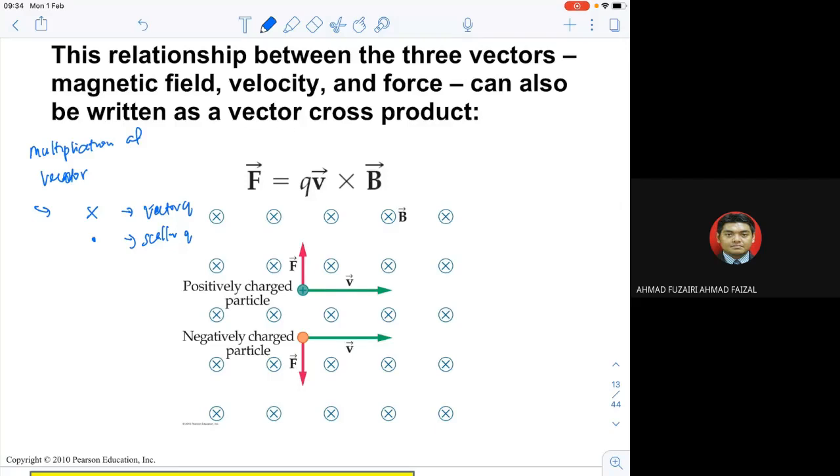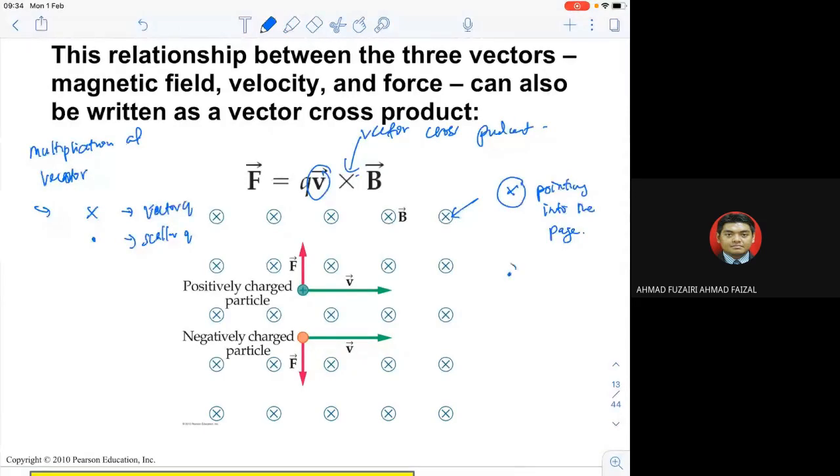So when you have a vector quantity like this, V cross B, this is a vector cross product. Try to do it on your own. Look at the magnetic field here. The sign of X means that the magnetic field is pointing into the page.